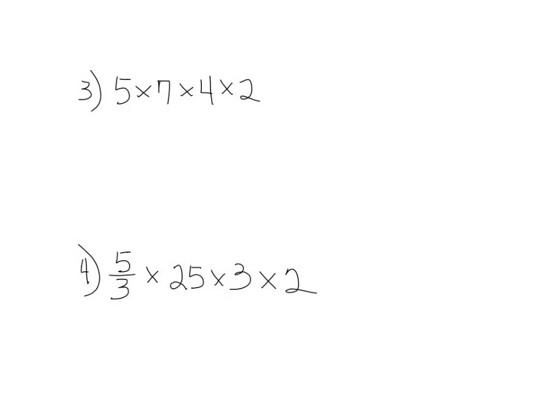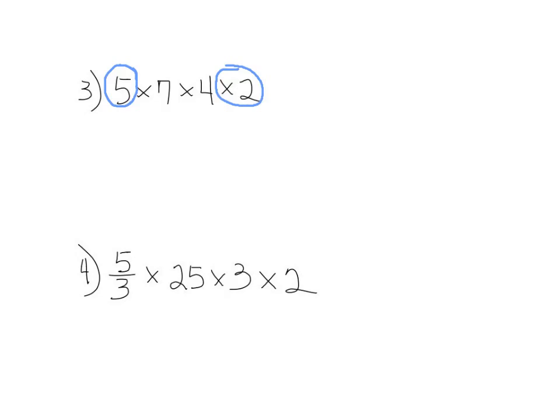The commutative property, remember, has to do with the order in which we add or multiply terms. In this case, the easiest thing for me to do is to multiply first the 5 and the 2, because that product will be 10, and multiplying by 10 is really simple.